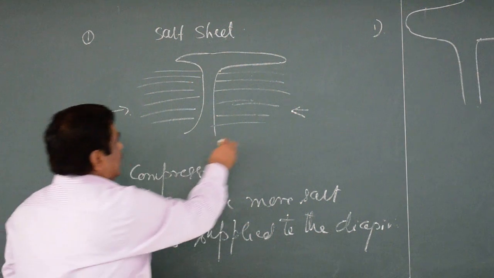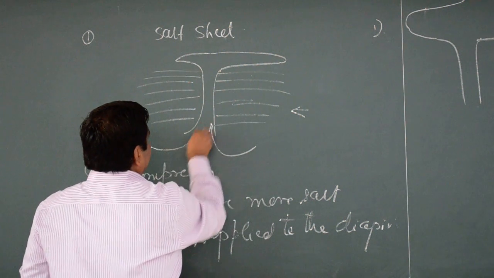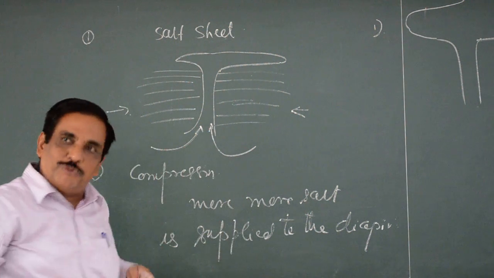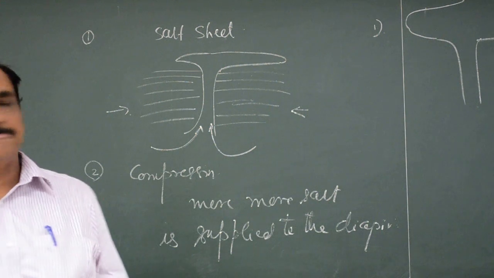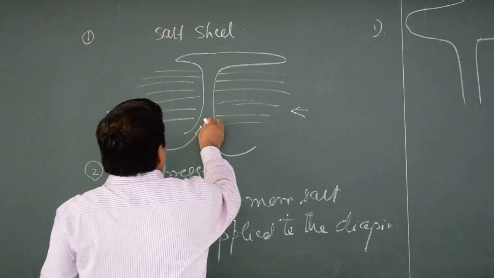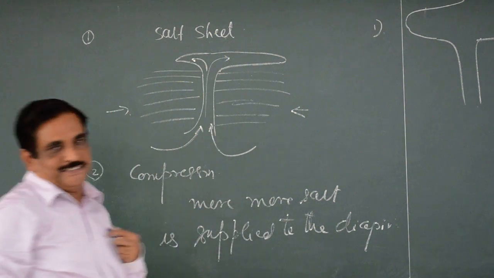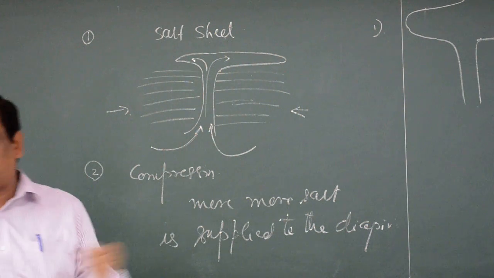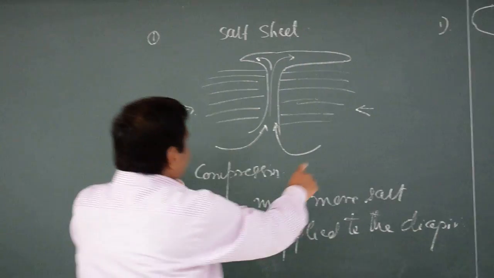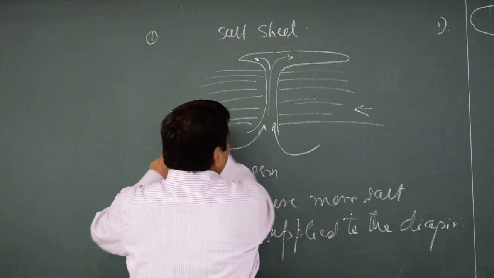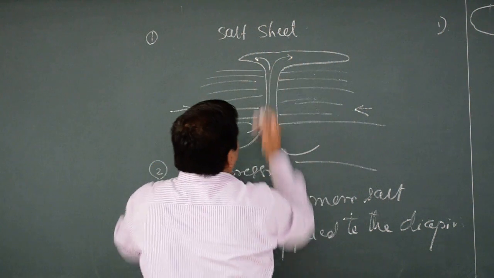Because we are pressing, more and more material is going through the dipole. So they are going and spreading like this. During compression, you are pressing it. So from the base, salt is being pressed or injected into the salt dipole like this.